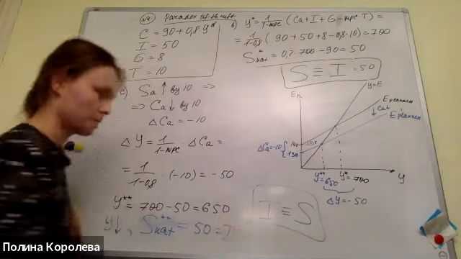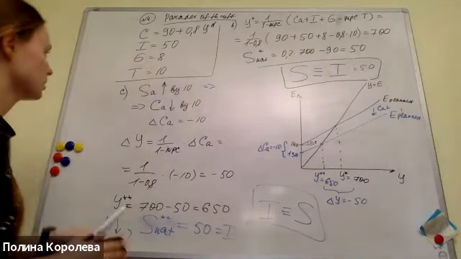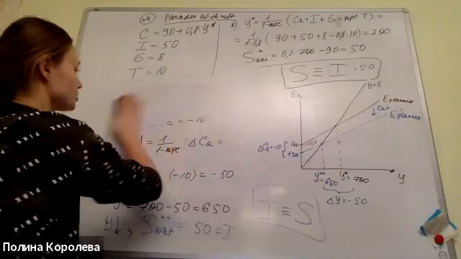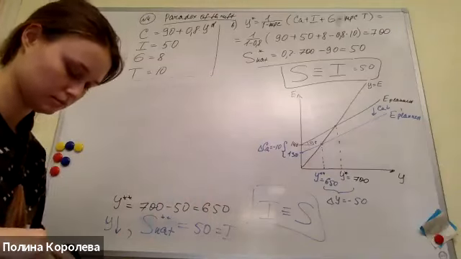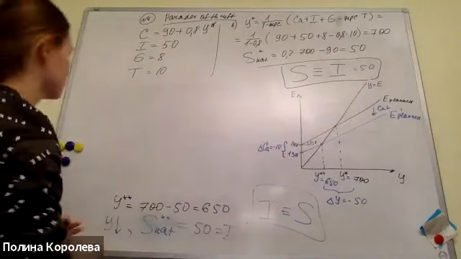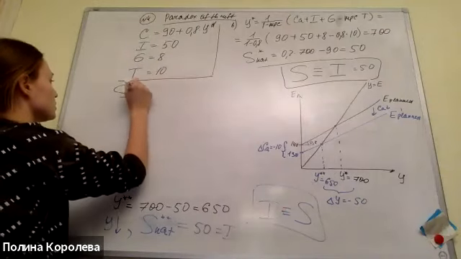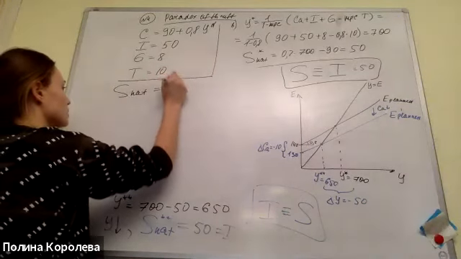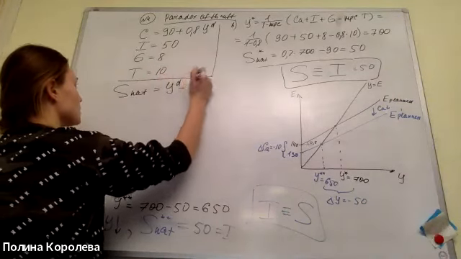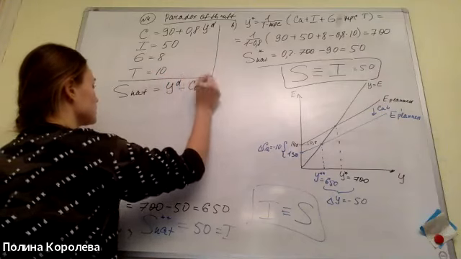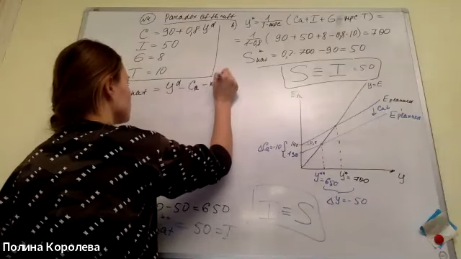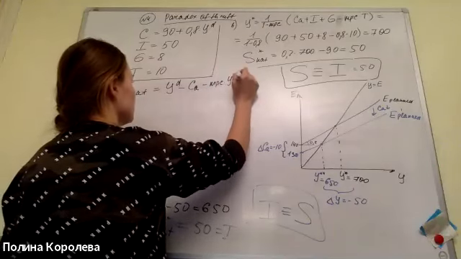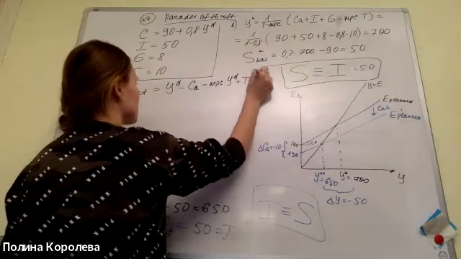How it was? You can check it. When we derived this national savings, national savings consisted of disposable income minus CA, autonomous, minus marginal propensity to consume multiplied by YD, plus taxes minus government spendings.